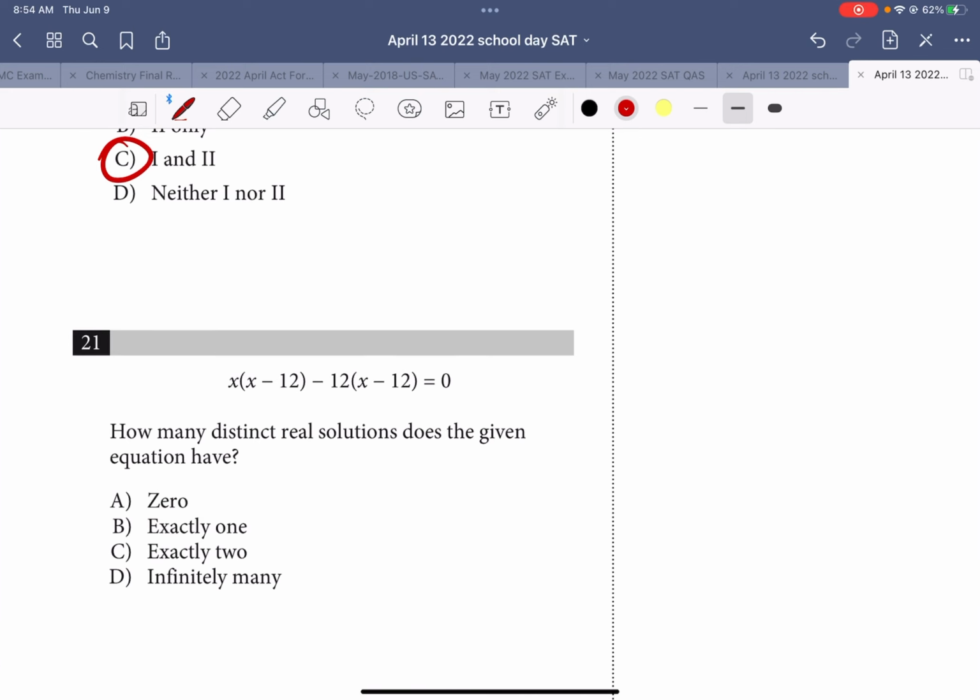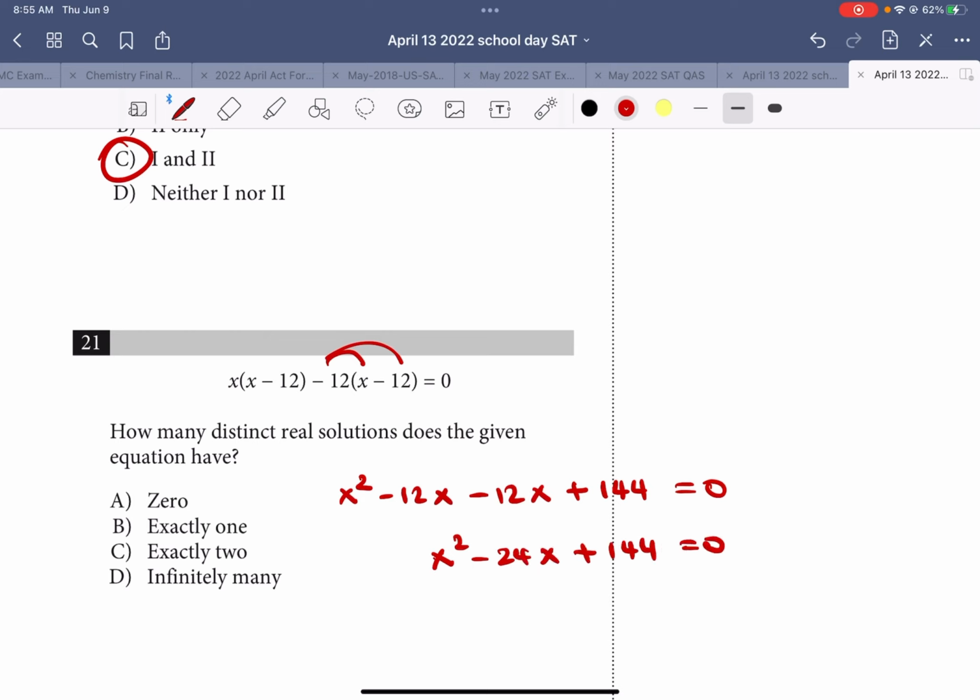When you distribute x squared minus 12x minus 12x, I'm distributing this one again. Negative 12 times negative 12 is a plus 144 equals 0. So when you simplify, x squared minus 24x plus 144 equals 0.